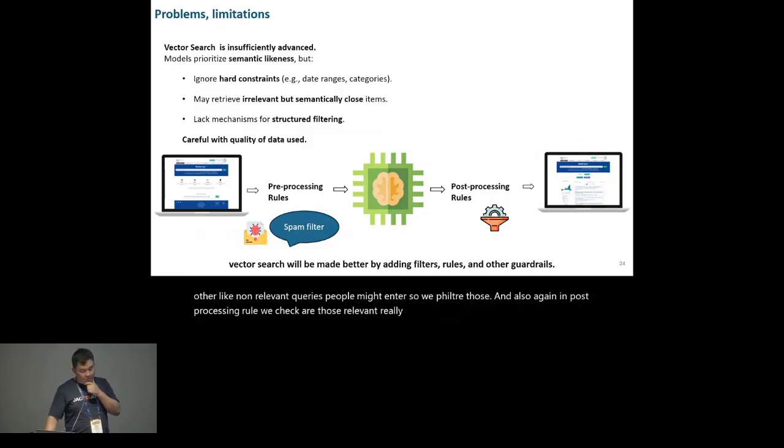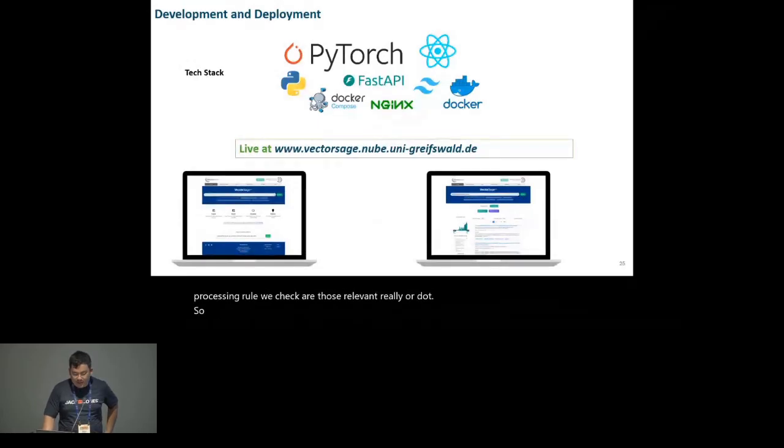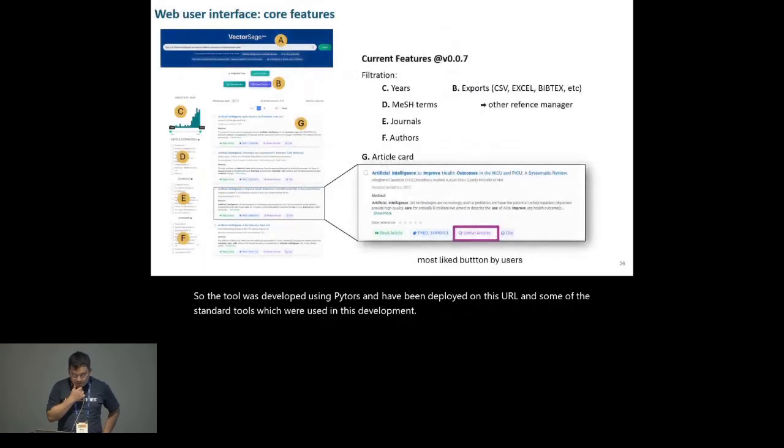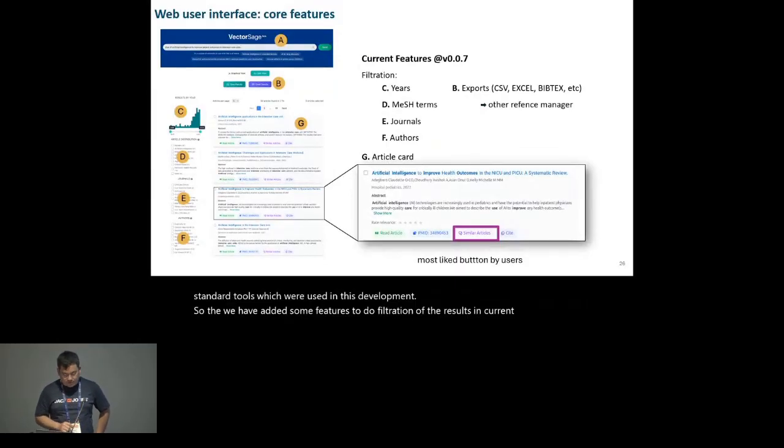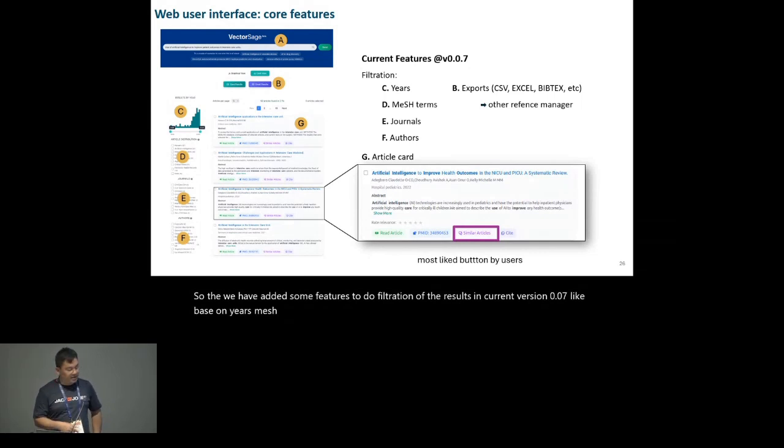So the tool was developed using PyTorch and has been deployed on this URL, along with some of the standard tools which were used in this development. We have added some features to filter the results in the current version 0.07, based on years, MeSH terms, journals, and authors.